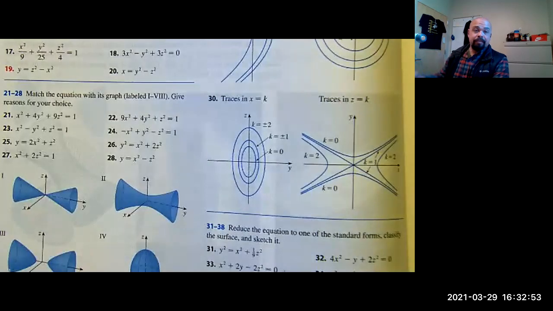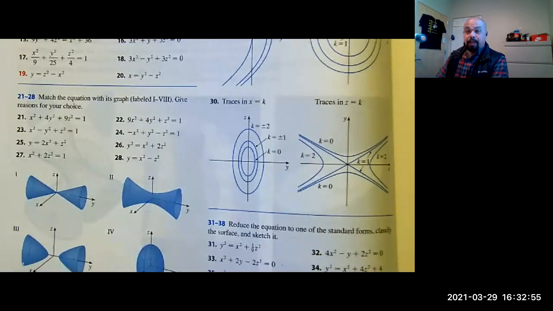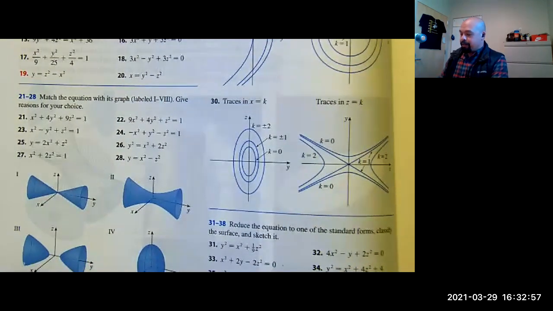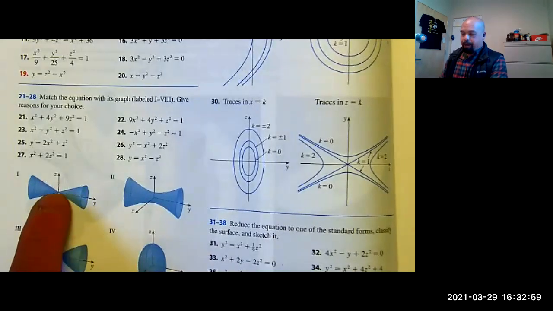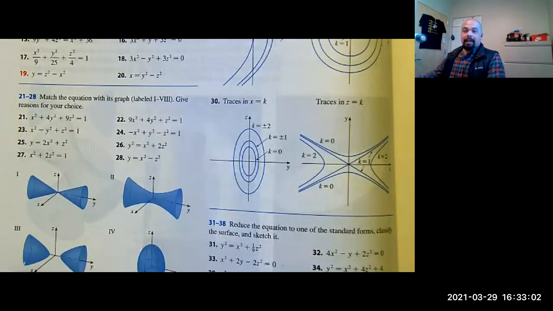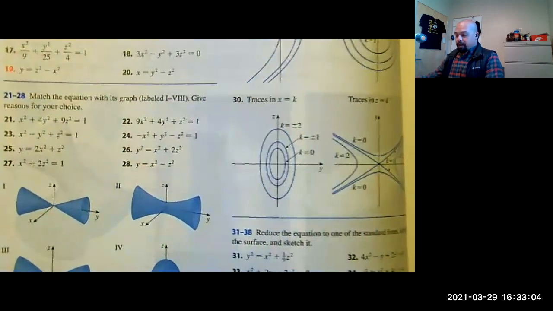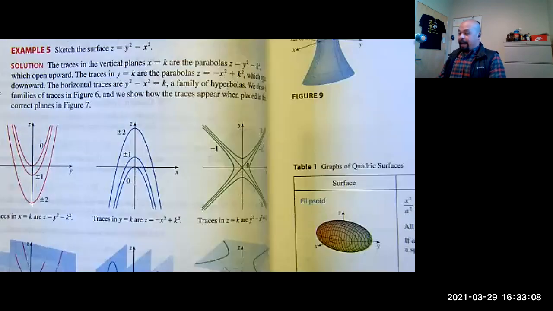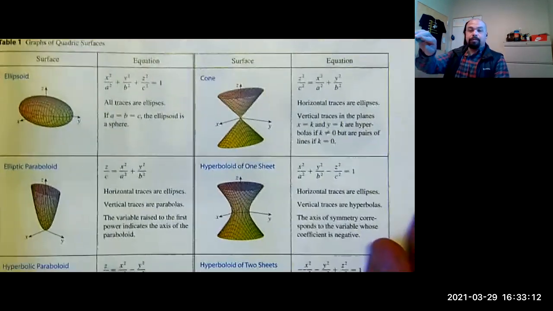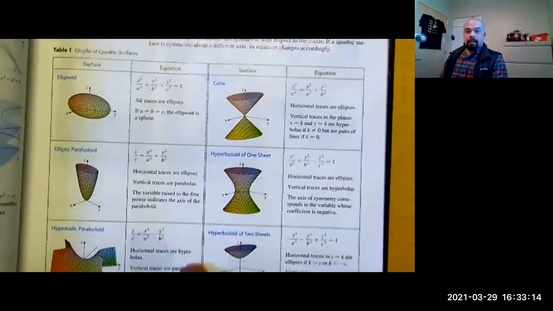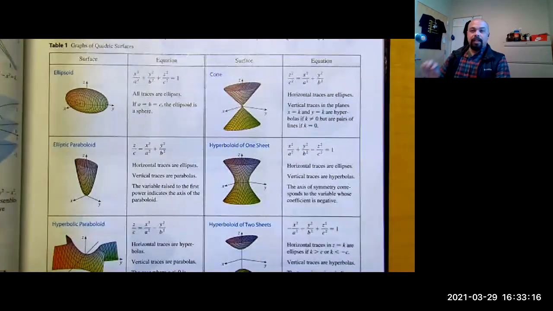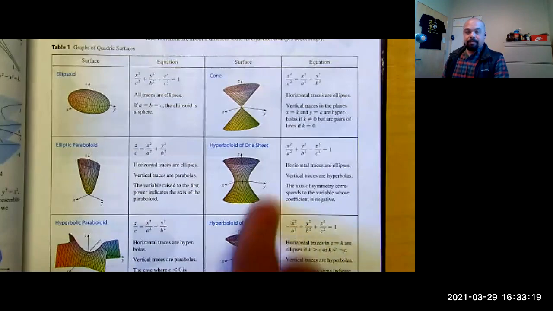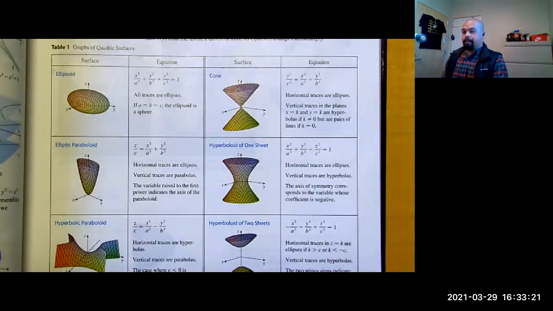We'll get into a more standardized form for our equations, shifting sometimes if we need to complete the square, where the center of those figures might be. Okay? All right, leave it there for now. I know that's a lot of information, but again, our saving grace, that page 877 in our text, that table giving us that valuable information of what these equations and surfaces, more importantly, will look like.